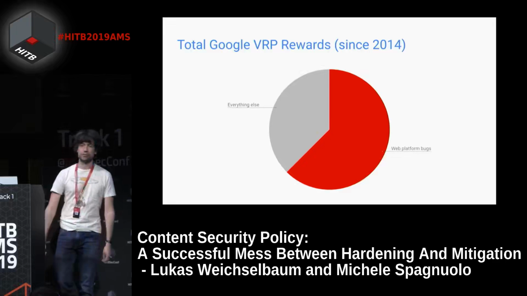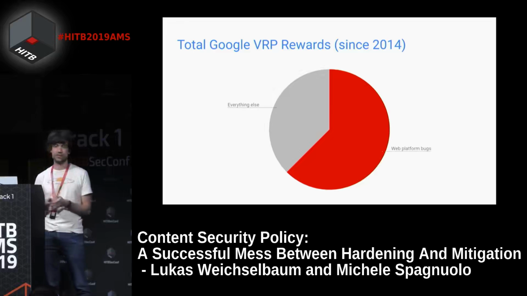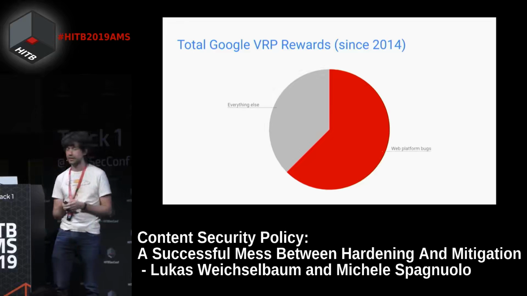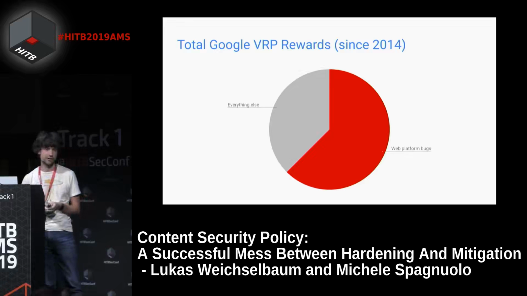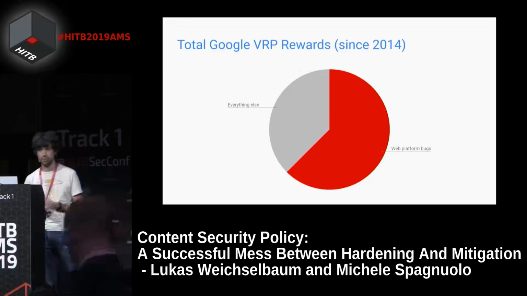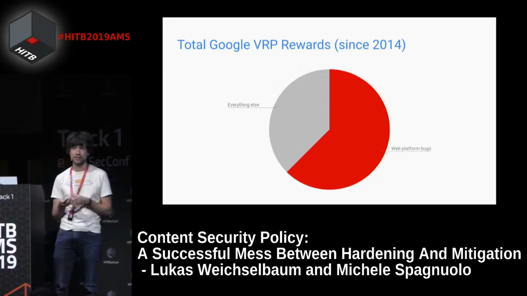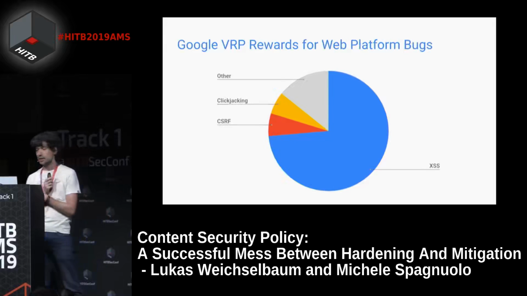We have a vulnerability reward program at Google, and of all the rewards we've given, 2/3 approximately are web platform bugs. So web vulnerabilities dominate our reward pool. This is a little bit unsurprising, mostly because Google is chiefly a web company, even if we do other things too.